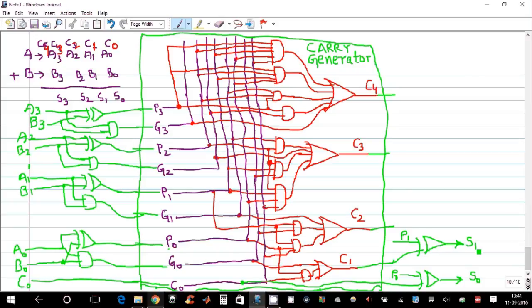So this is my S1, where P1 is nothing but A1 XORed with B1.